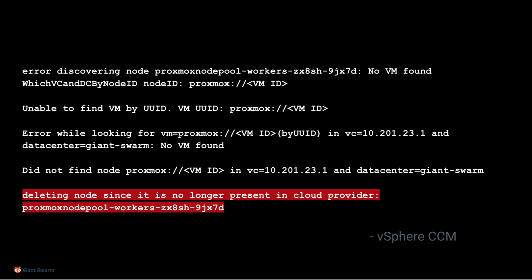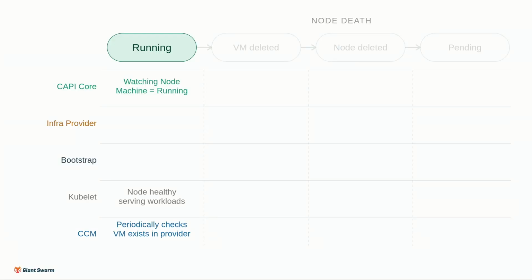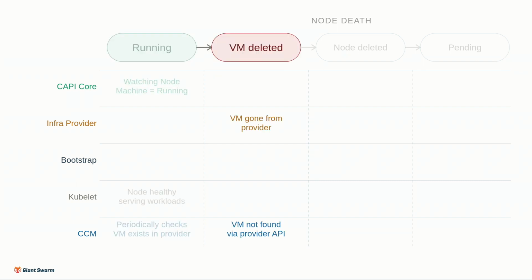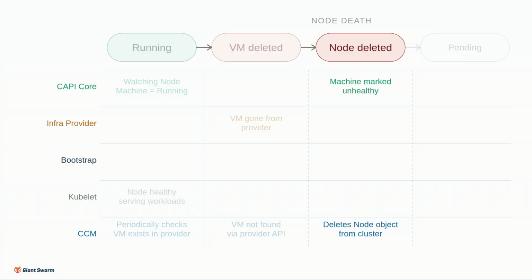You may have seen this one coming if you paid attention to the life cycle slides that Xavier showed earlier, but we actually didn't see it coming, so we did not pay attention. What happens is that our node transitions from running to VM deleted because the CCM cannot find the VM, so it thinks it must have been deleted, and then to node deleted because the CCM is deleting the node.